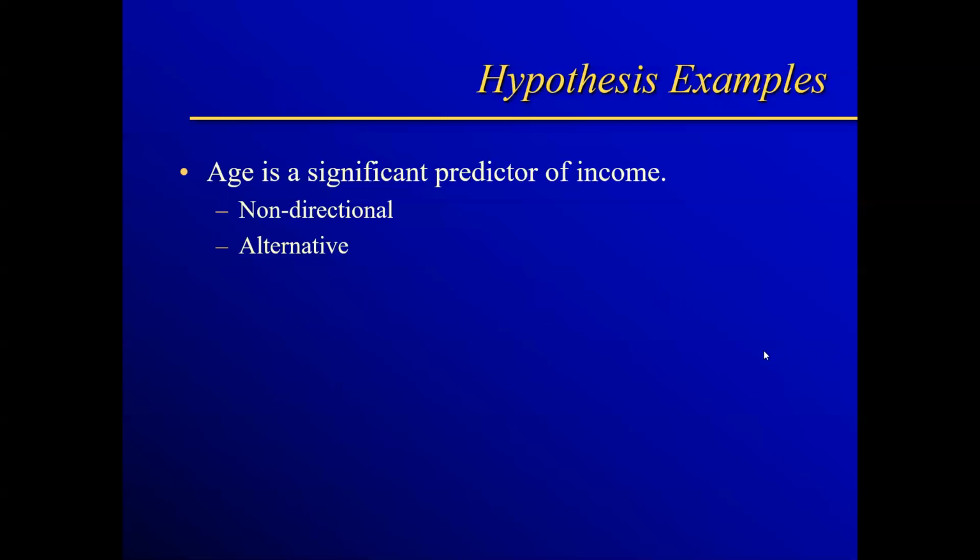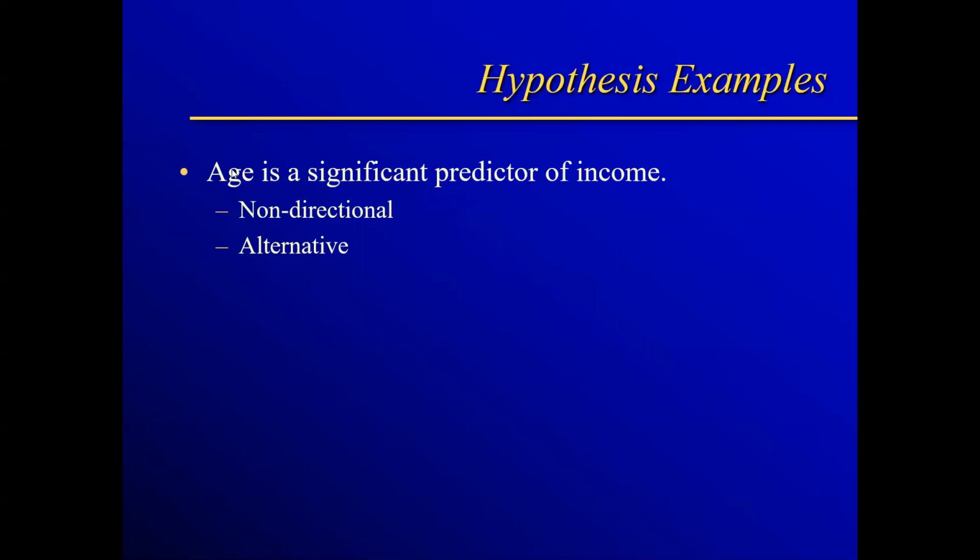So for the people who said that that was directional, does that make sense about why it's non-directional? Because I'm not making a specific prediction. I'm just saying, hey, they're related. Okay.